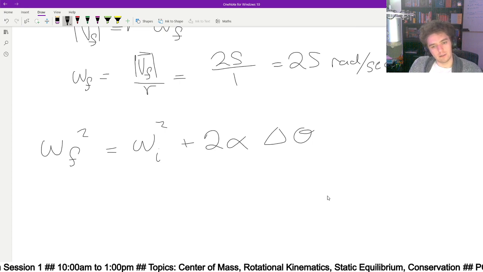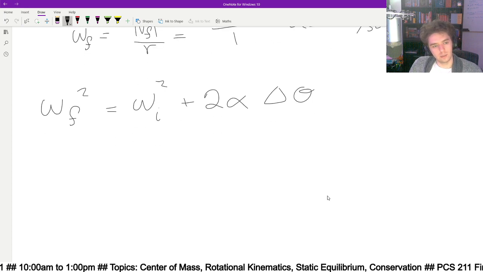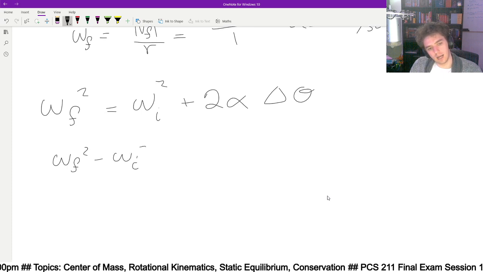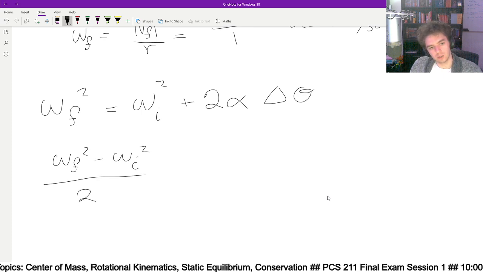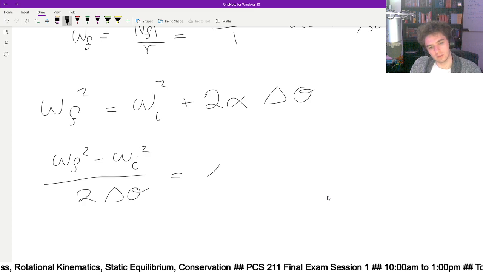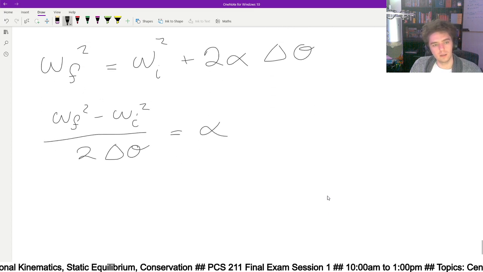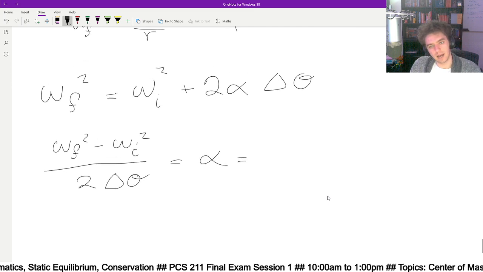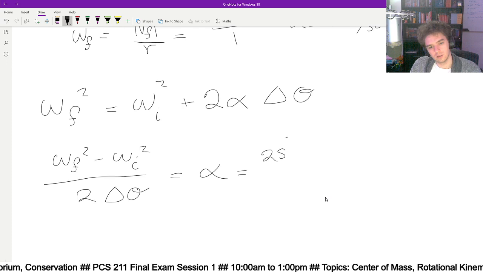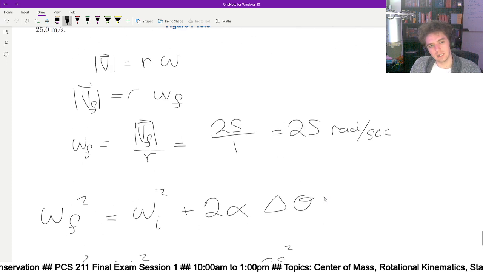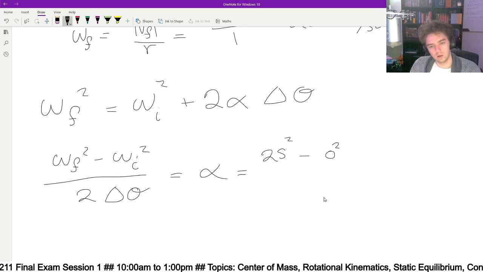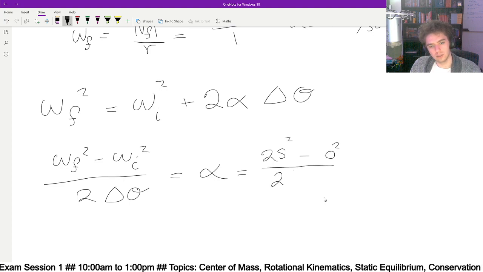So let's rearrange this for alpha. It's omega f squared minus omega i squared, over 2 delta theta, equals alpha. Okay, and so we can just plug that in. Omega f we said was 25, so 25 squared, minus the initial, which was 0, so 0 squared, over 2 times delta theta.